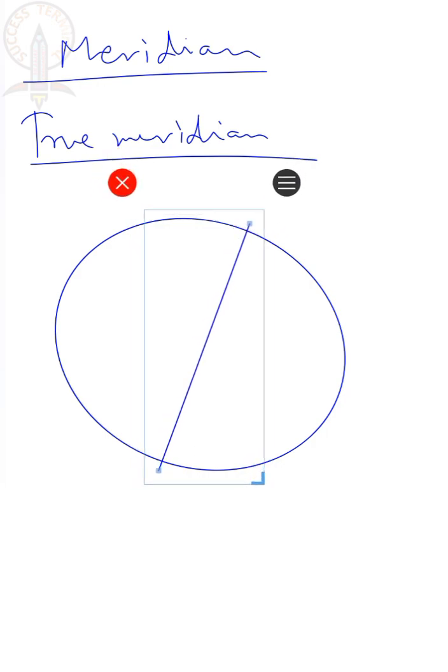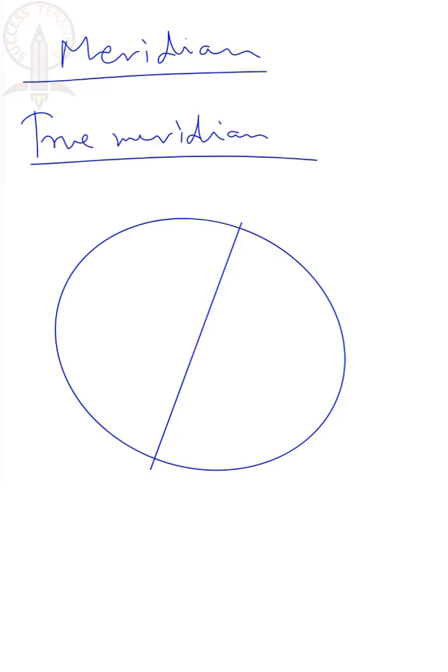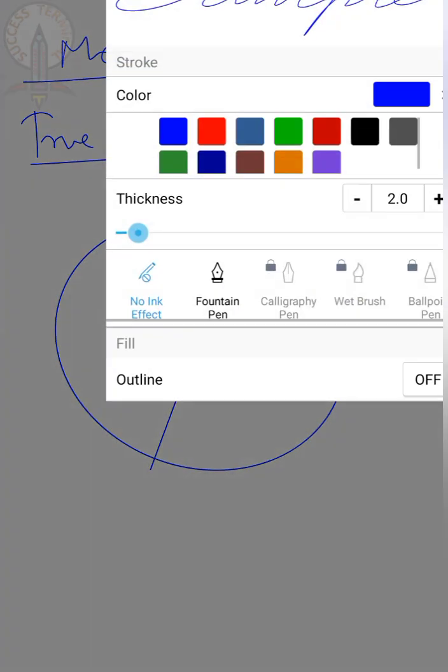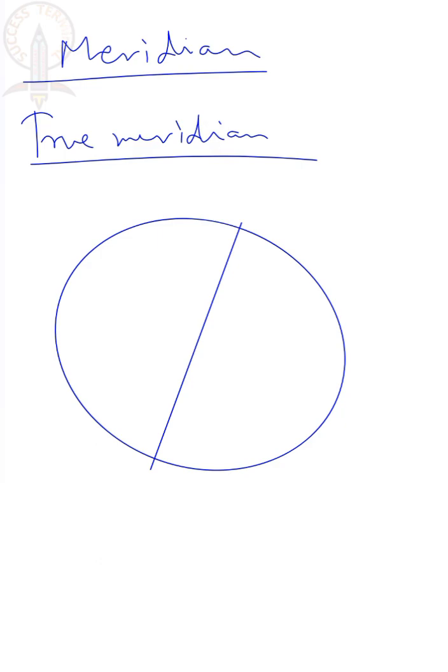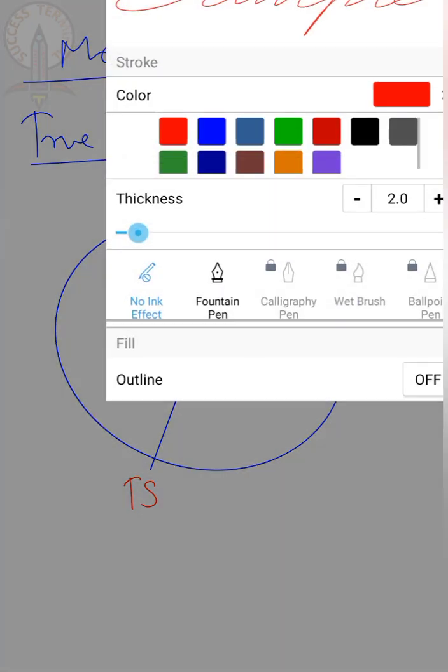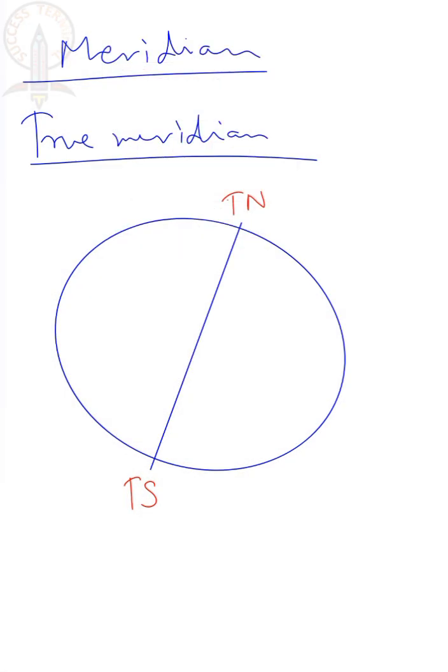Now let's take a different color. Actually, this is our true north and this is our true south, geographical north and geographical south. Now let's discuss what happens if you hang a needle.